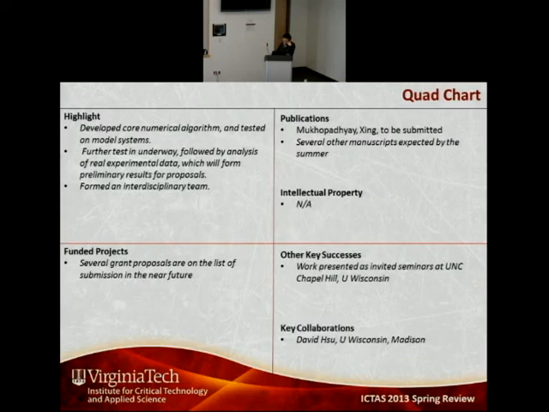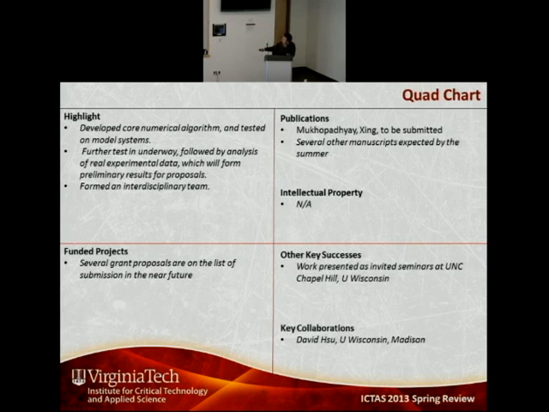Now we have real EEG data from a collaborator, so we are analyzing it, and we hope this will form some preliminary results for proposals. A key thing is we formed an interdisciplinary team that can help do this. We have one paper in preparation, and we hope the student gives me the final version so we can submit soon. Then we have some other manuscripts we expect to follow up quite soon.